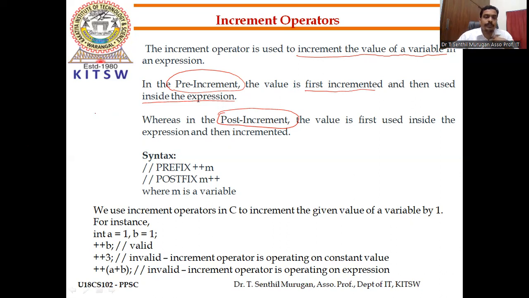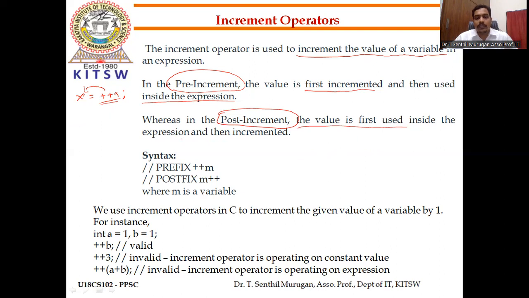For example, x = ++a is pre-increment. It will increment the value of a, then assign it to x. What is post-increment? Post-increment means the value is first used, whatever value is there, and then it will be incremented.